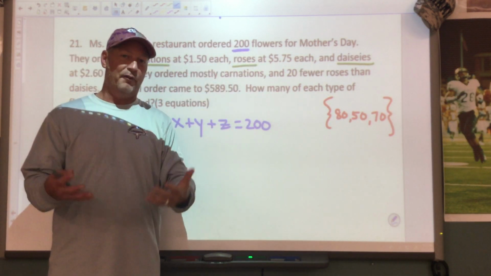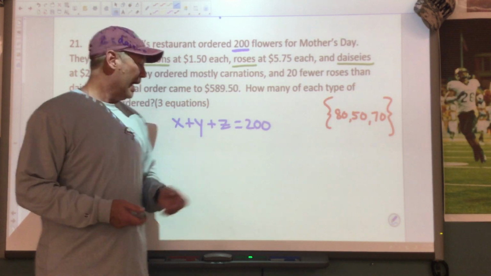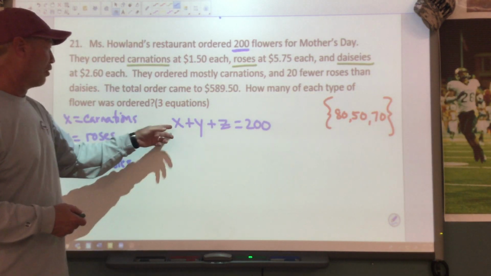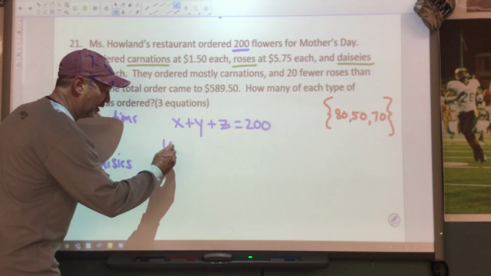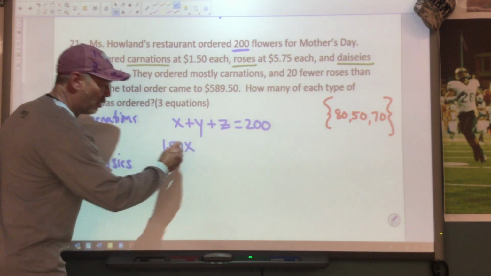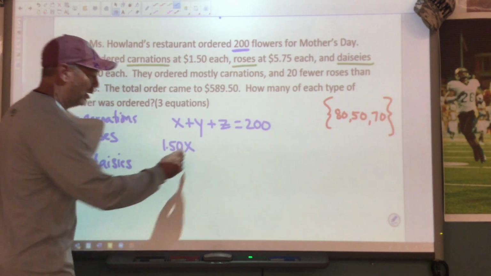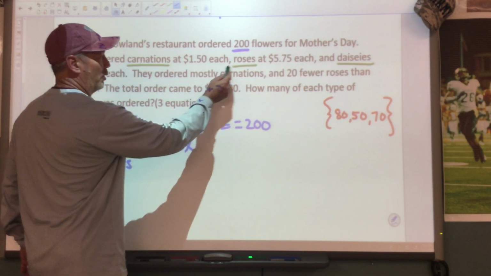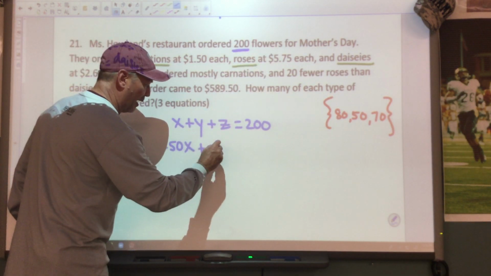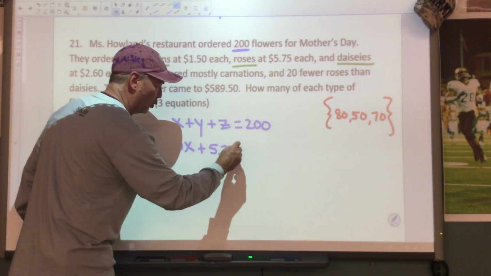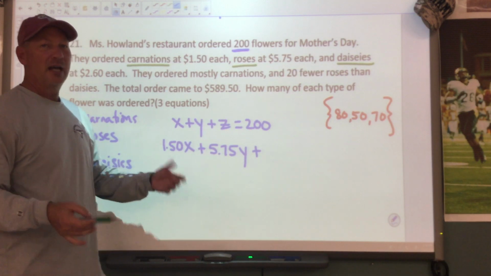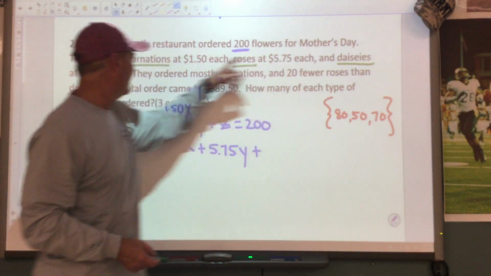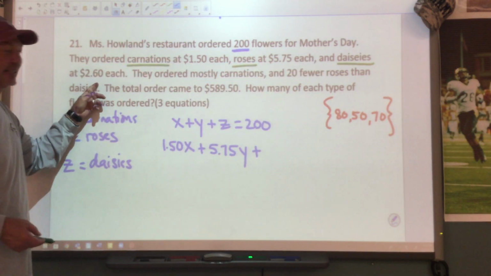Now we're going to put a dollar figure or a dollar amount to it. How much is it for a carnation? The carnations are $1.50. So it's $1.50 for every carnation. Plus, look at the price for a rose. $5.75 for each rose. And then the price for a daisy. The daisies are going to cost $2.60 each.